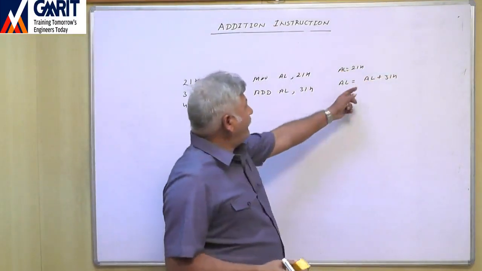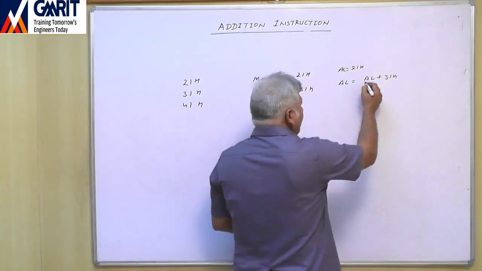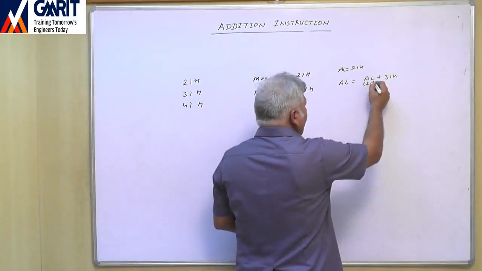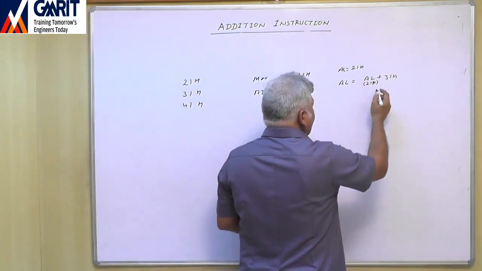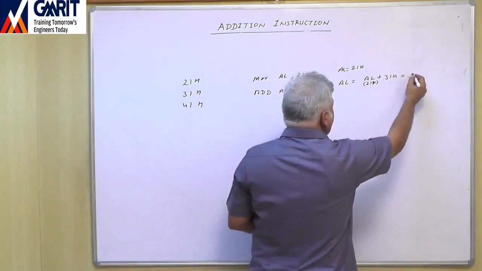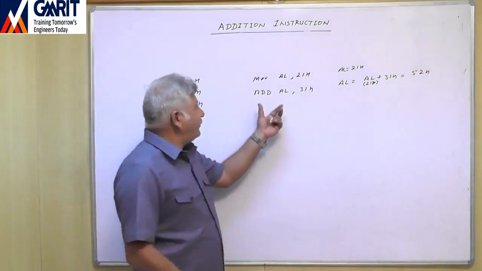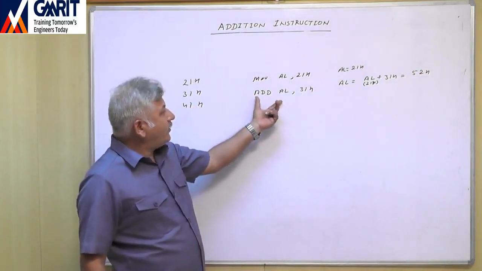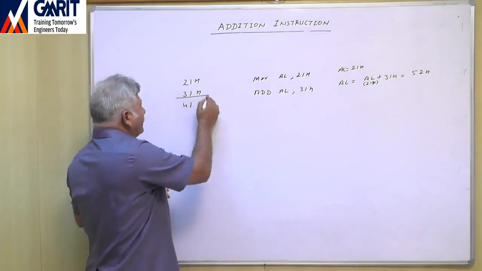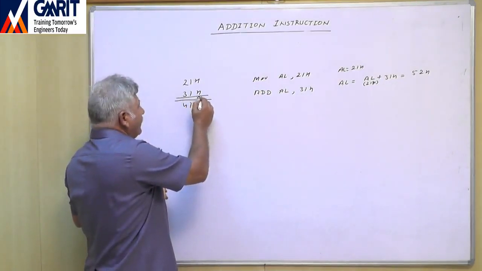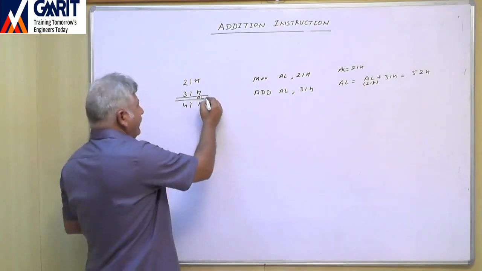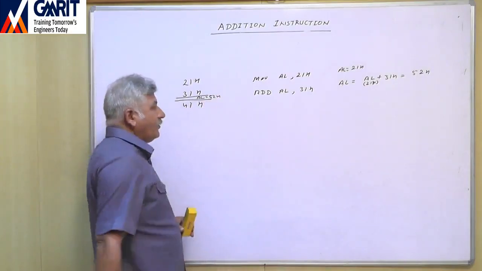In AL we have already loaded 21H, so 21H plus 31H is 52H. So after this instruction, the result of the addition of the first two numbers is in AL, right? In AL we have 52H.